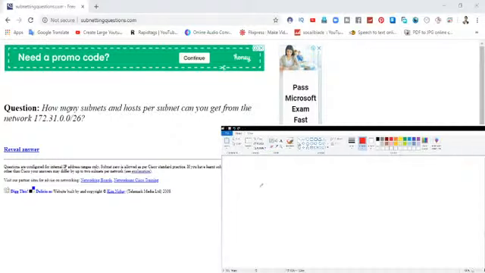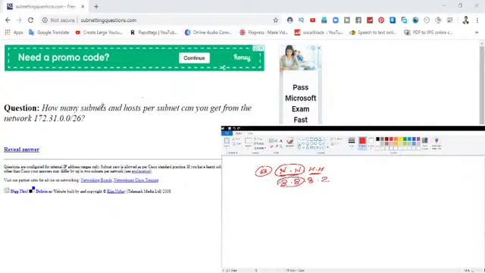Here we go. As we can see, we have a class B IP address given. We know that for class B the first 2 octets are the network portion and the last 2 are the host portion. So we will not focus on these 2 network octets, we will always focus on the last 2 octets. Here we have 26 bits, meaning 8, 8, 8 and 2.